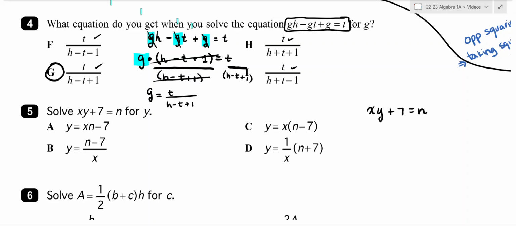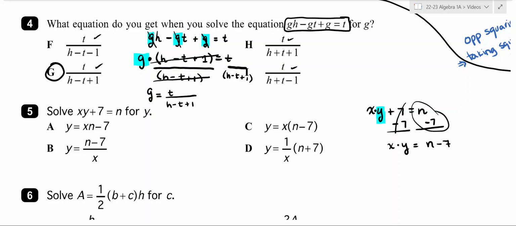All right, and the variable that we want is this one. Okay. So our y is being multiplied by x, and then we're adding 7. So we're going to subtract 7 from both sides. Right, so we have xy equals. So these are not like terms.